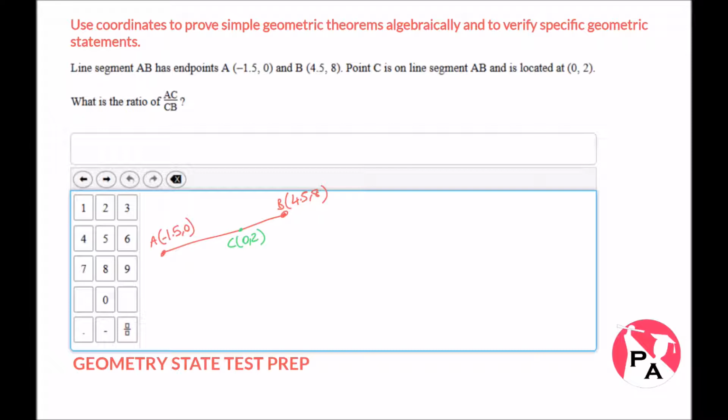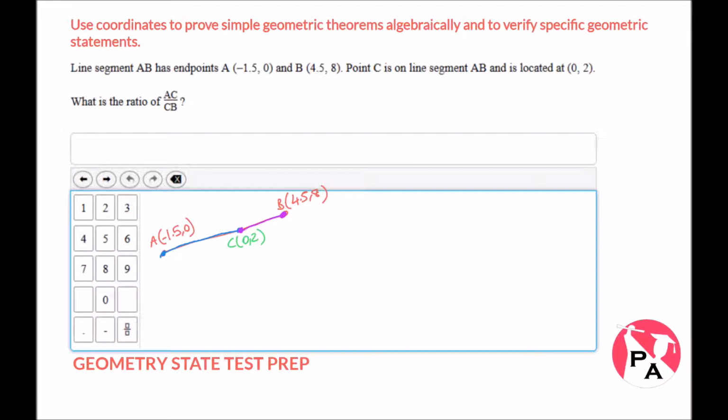Now the question is, what is the ratio of the length of segment AC over the length of segment CB? So we are going to figure out AC first, this blue segment, and then we are going to figure out CB, this purple segment.